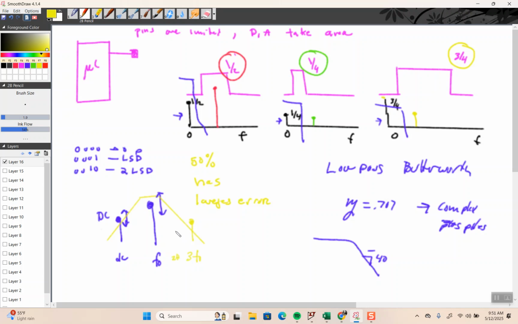So if I were to use greater than a half or less than a half, I would have this harmonic here. Now, it's probably bigger than that harmonic, but that's something that is less attenuated than this, right?